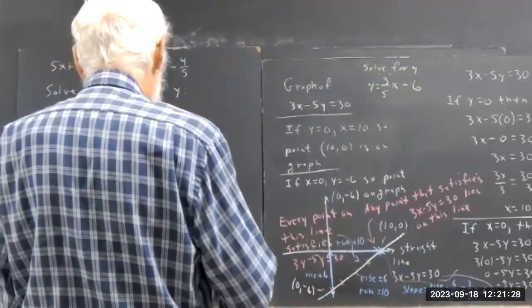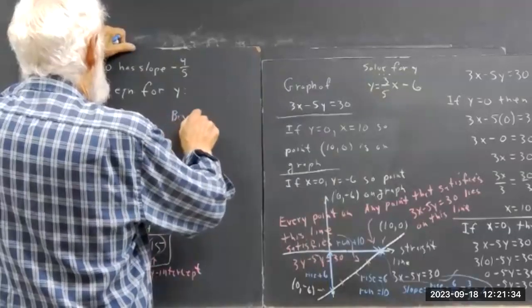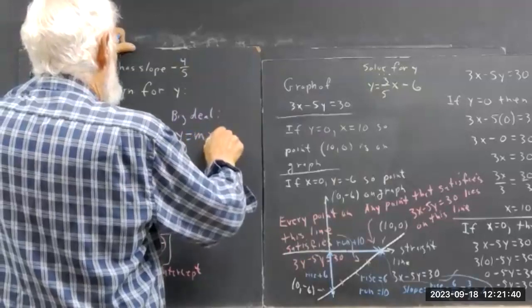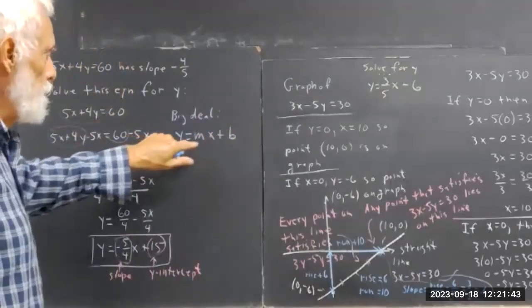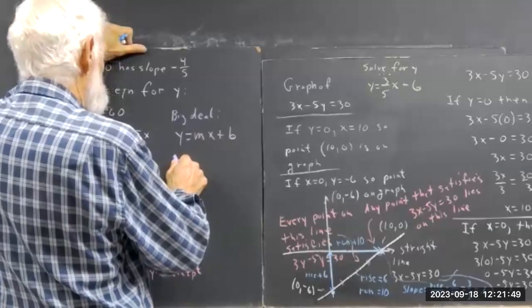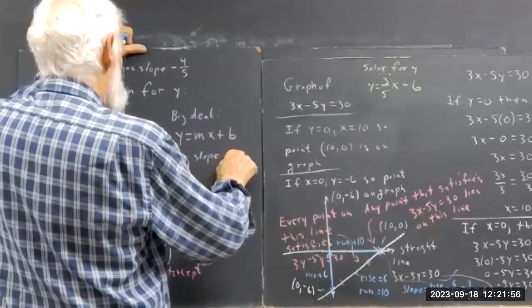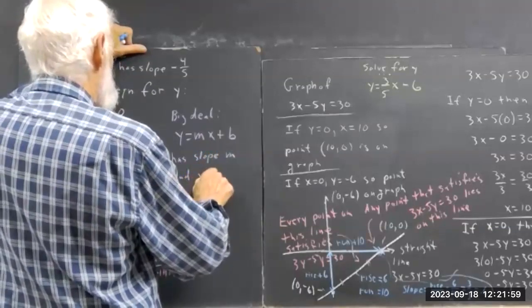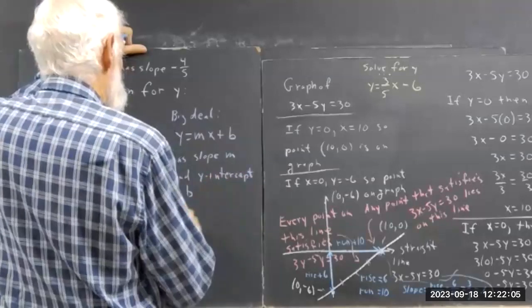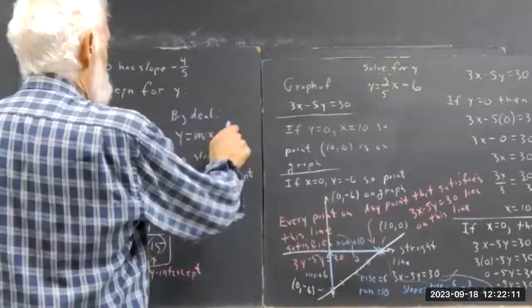So the big deal here: the equation y equals mx plus b has slope m and y-intercept b. Here's m and here's b.